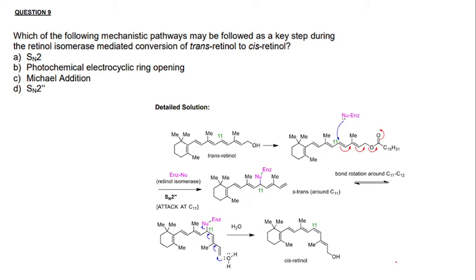So this is how this isomerization happens in case of this retinal. Okay, so the first or D option is correct here.